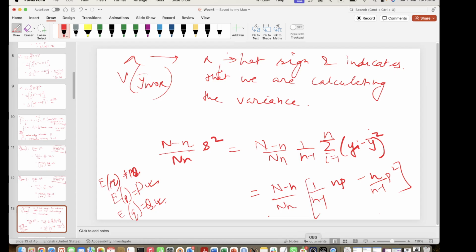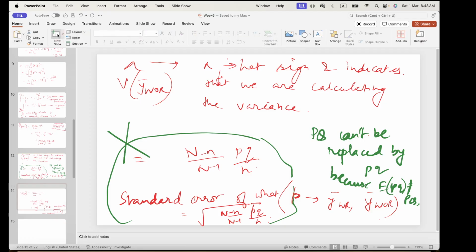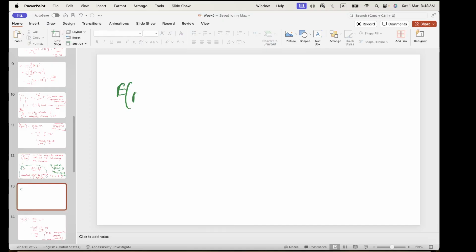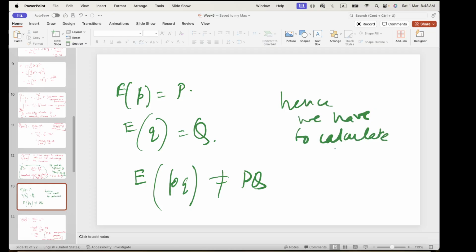Individually, expectation of small p equals capital P and expectation of small q equals capital Q, but expectation of small p into small q is not equal to PQ. So hence we have to calculate from scratch.